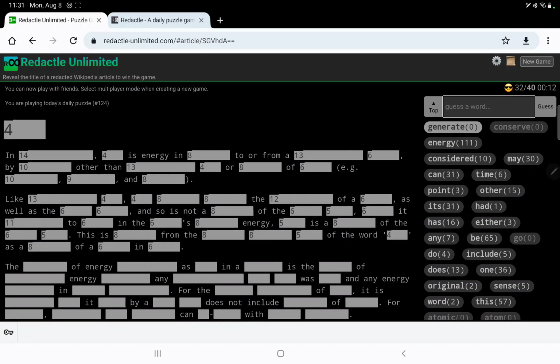In something, something is energy in motion or in something to or from a 13.6 by 10 other than 13.4 or 8 of 6, e.g. 10, 9, and 8. So what is another word for energy?